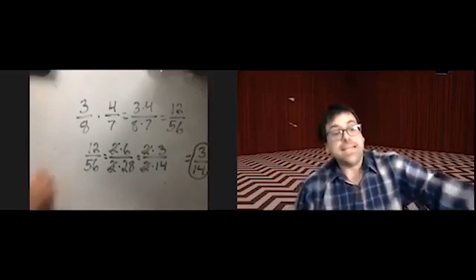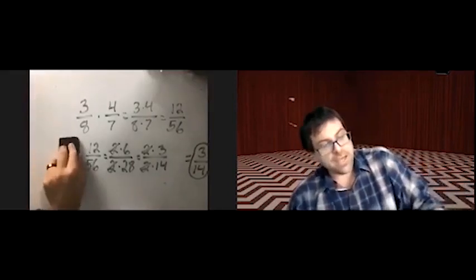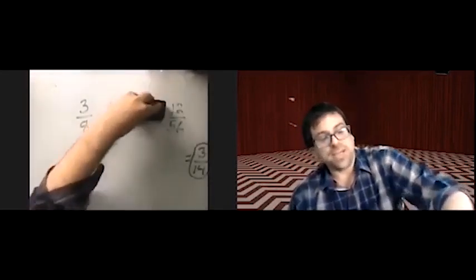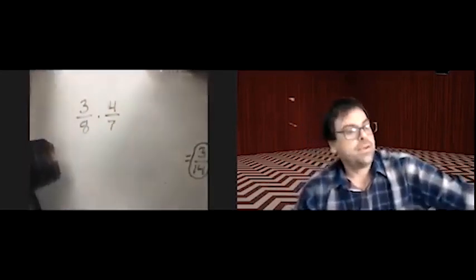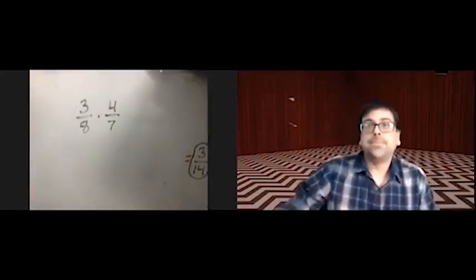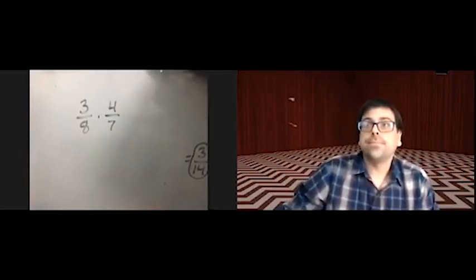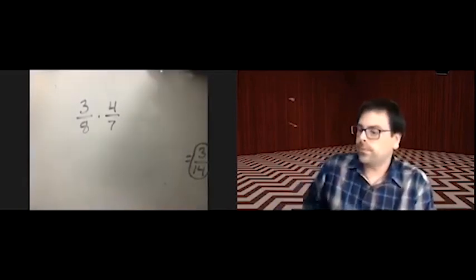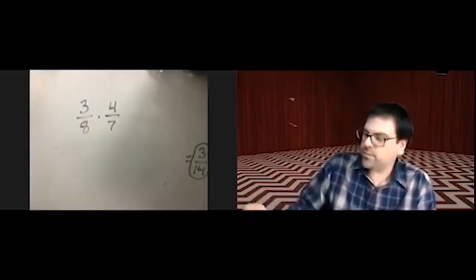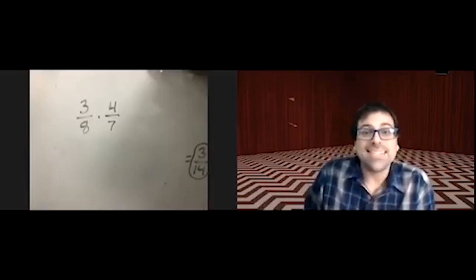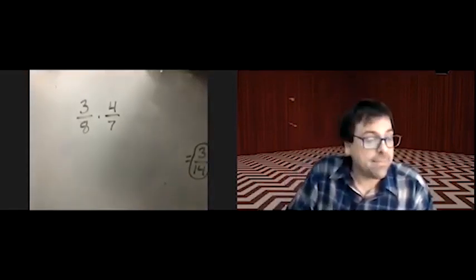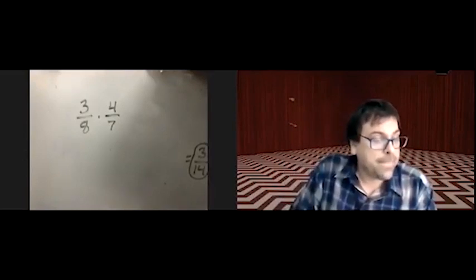I'm going to show you an easier way than just multiplying across the top and multiplying across the bottom. This is called canceling. And it's called canceling because we start canceling common factors from the very beginning before we take that step of multiplying.